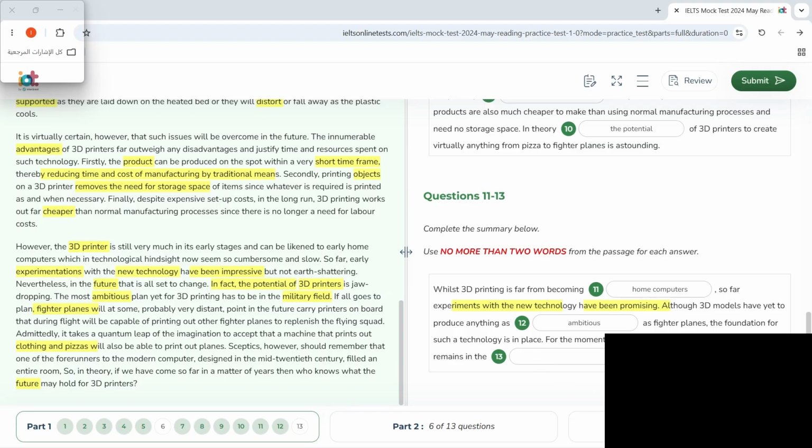However, the realization of such projects remains in the very distant future.